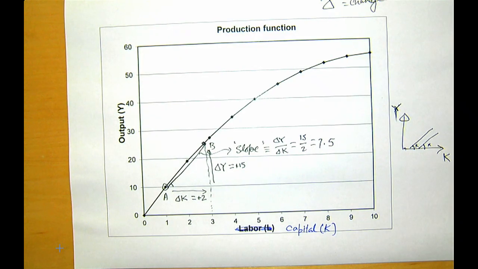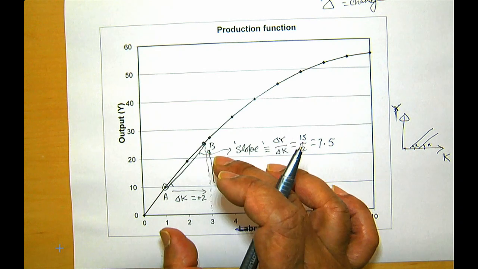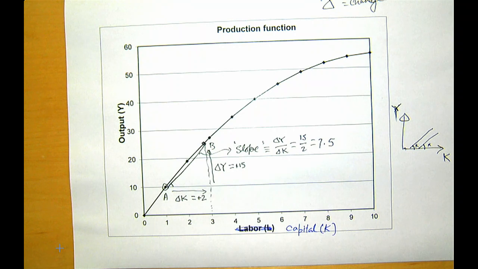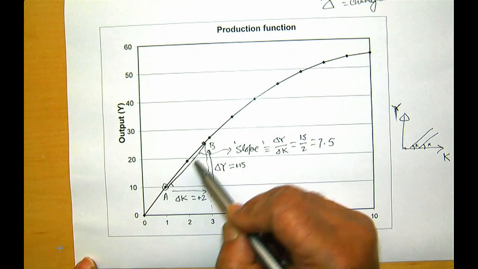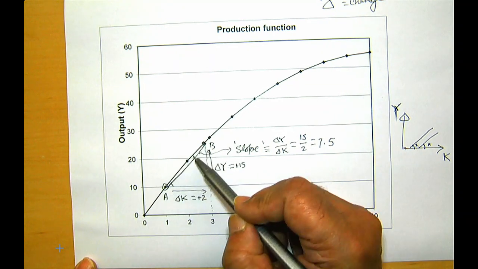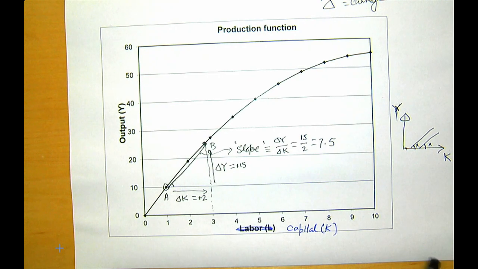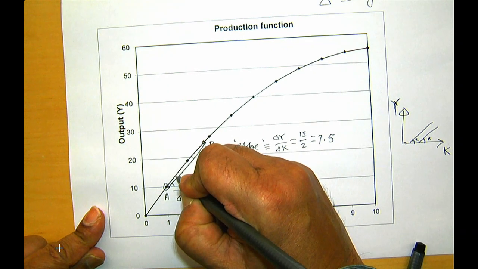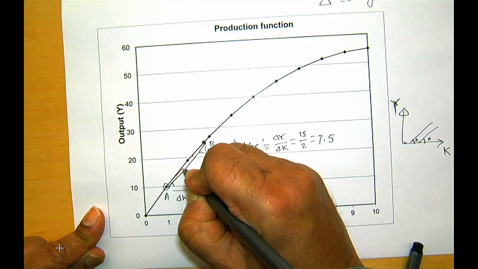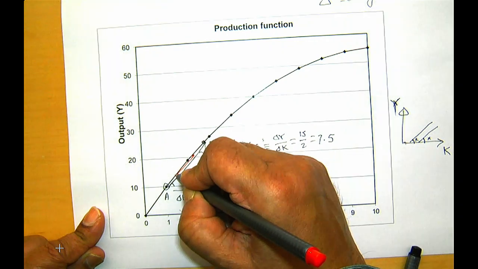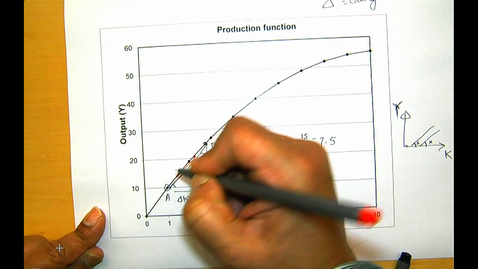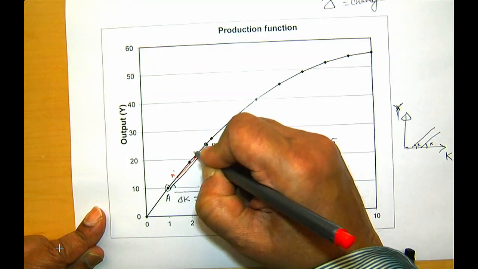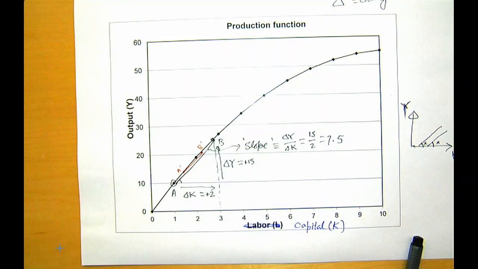Okay? So I'm going to ask you to imagine this line that's joining A and B. Draw another line inside that which will be parallel to it. Now, at the risk of getting things messy, I'm going to use a red line. This line, I can call A prime and B prime, has the same slope as AB.